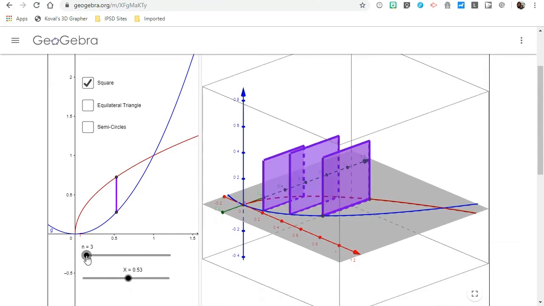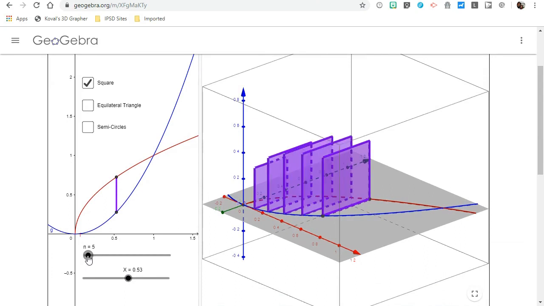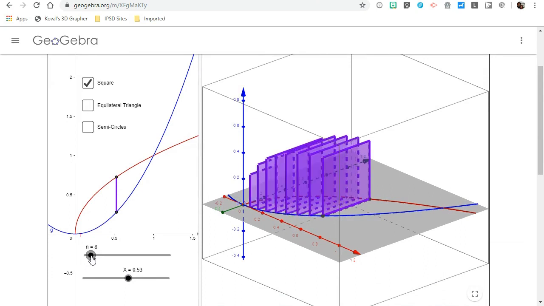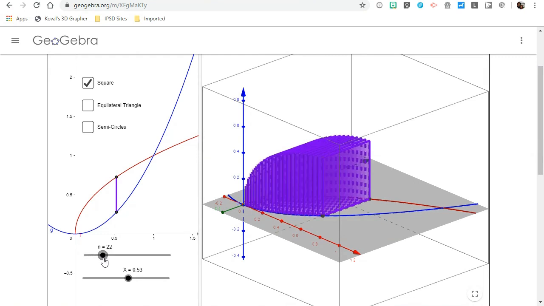And then as I take the limit of the amount of squares that I have, as I take that to infinity, it ends up basically forming a solid. So notice that the solid doesn't necessarily look like a bunch of squares, but when you slice through at each spot, it's going to look like a square. And that's basically what's happening.